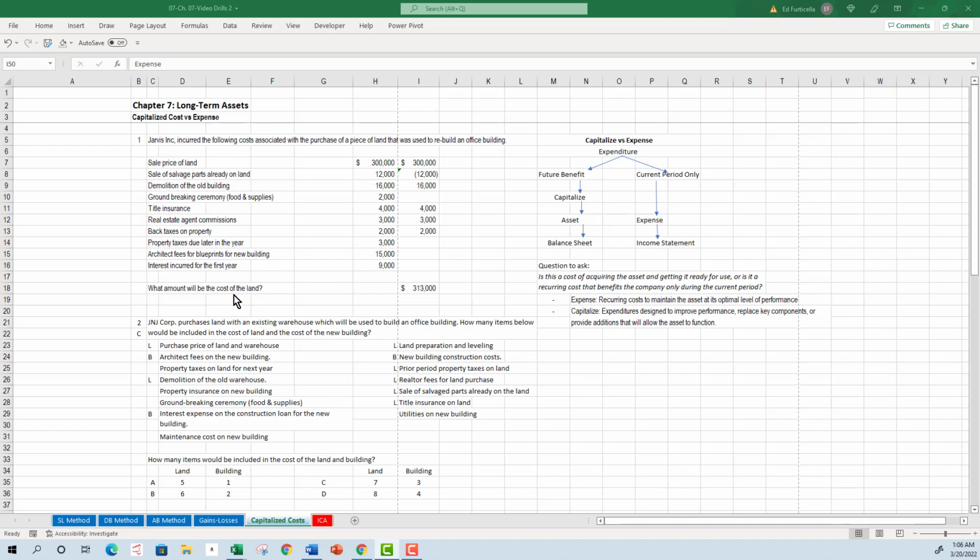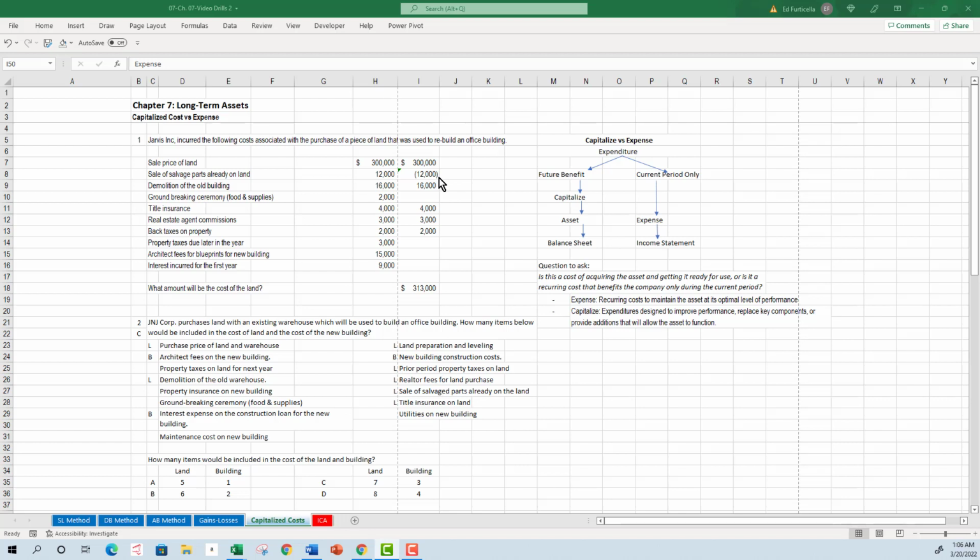The cost of the land includes the sales price of the land. It will also include the sale of the salvage parts already on the land. So if there are salvage parts on the land that we're purchasing that we can sell and get money for, we'll include those in the cost, but as a negative because they're actually reducing the cost.